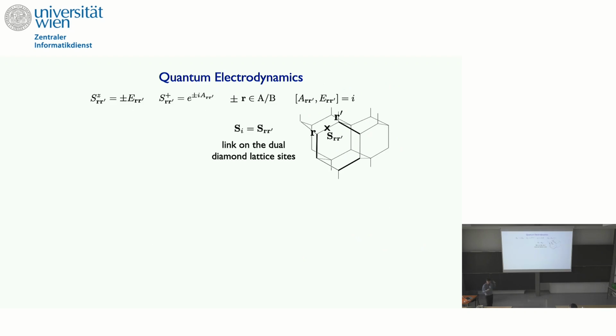One way to see this physics is through a mapping to quantum electrodynamics, and this is where all the interesting physics comes about. You can map the z component of spin to an electric field, and the spin raising operator to e to the i times the vector potential. Then the usual commutation relation between Sz and the S raising operator becomes a commutation relation between the vector potential and the electric field, the usual canonical commutation relation.